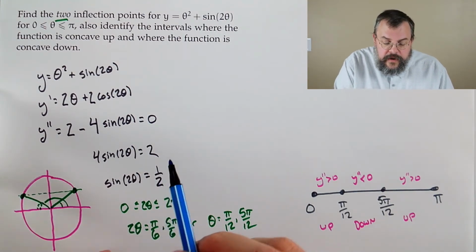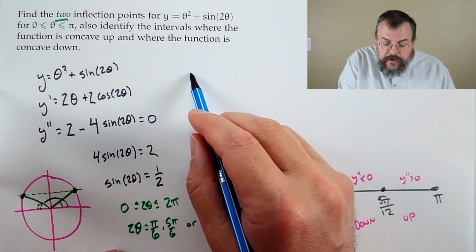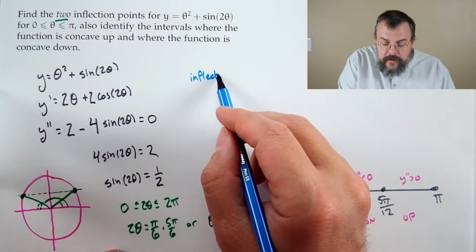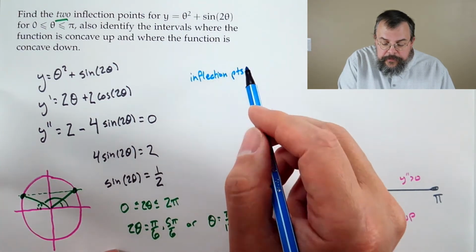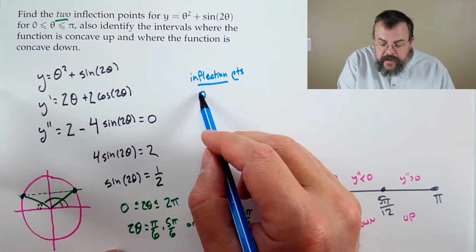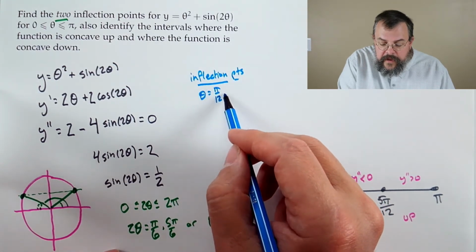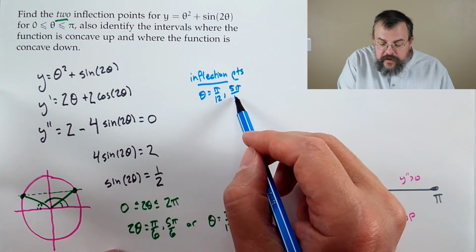So what do we need to do? We should say our inflection points, where are they? And they are at theta equals pi 12ths and 5 pi 12ths.